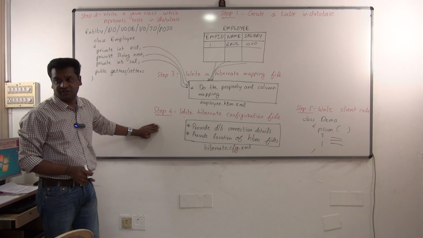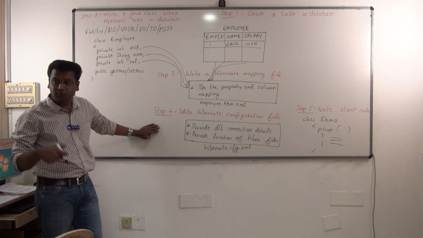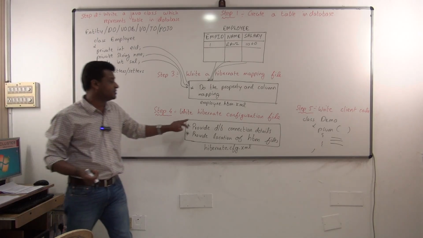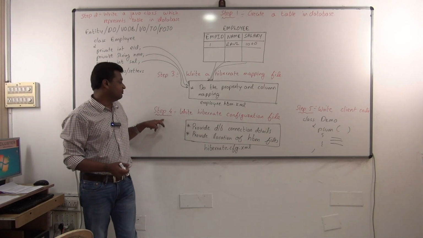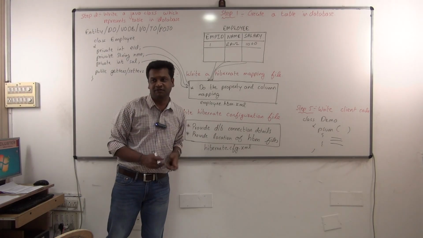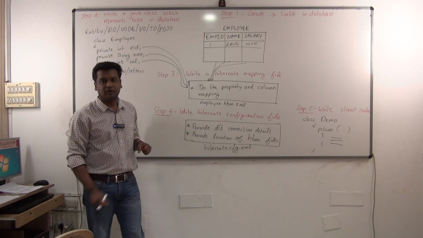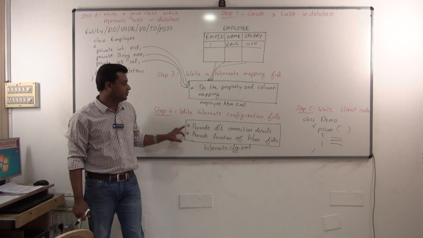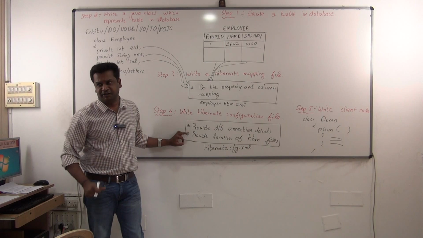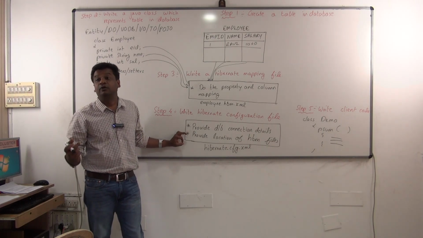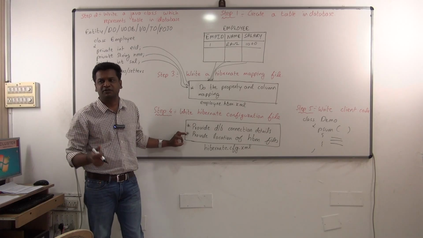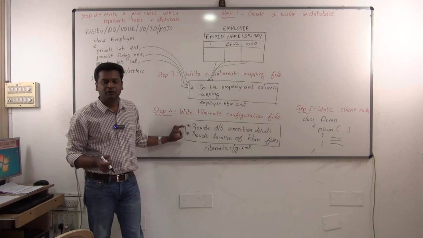Now the fourth step, next: you have to write one more XML file, and that is called the Hibernate configuration file. So that's the fourth step. Write a Hibernate configuration file. In this file, what we do is provide database connection details. That means your driver class, your URL, your username, your password, all that information will be provided in the Hibernate configuration file.